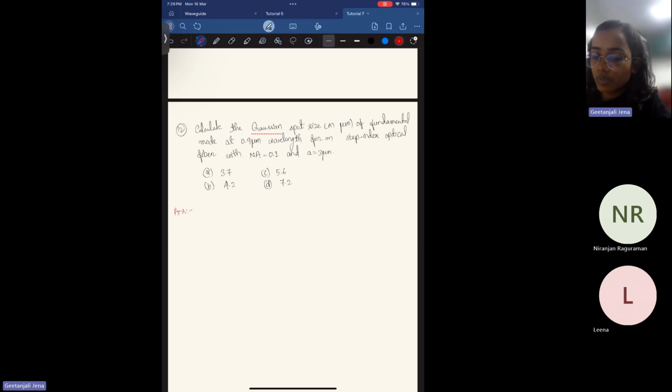For the next problem, we have to calculate the Gaussian spot size in micrometers of the fundamental mode at 0.9 micrometer wavelength for a step index optical fiber with numerical aperture equal to 0.1 and a is 3 micrometer. So you need to find out the Gaussian spot size.